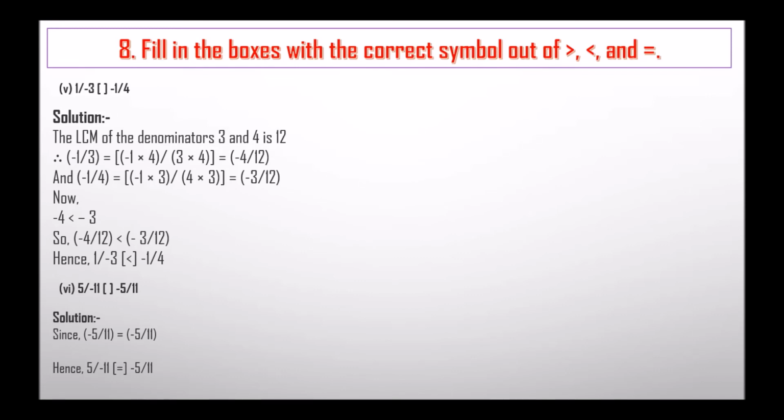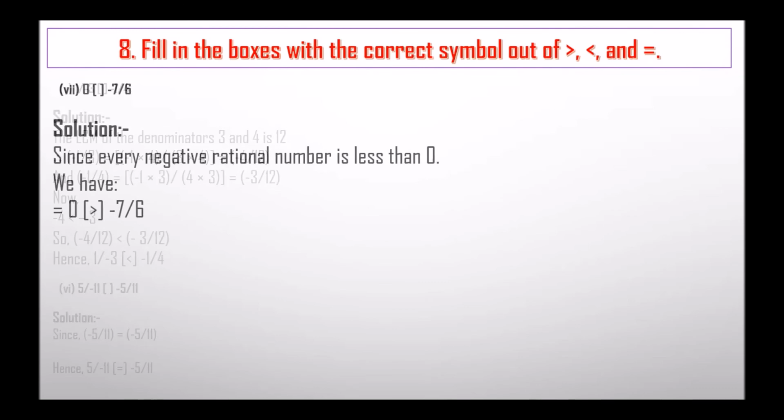Here both the numbers are equal. 0 box minus 7 upon 6. Since every negative rational number is less than 0, so we have 0 greater than minus 7 upon 6.